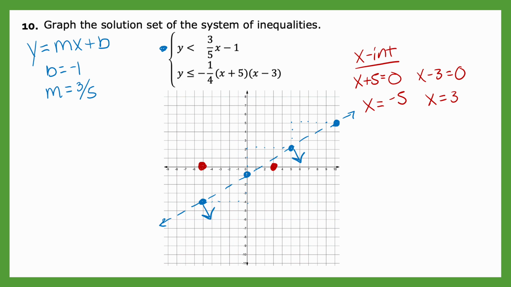Okay, what is halfway between -5 and 3? -1. If I add -5 plus 3 and divide that by 2, that would be -2/2, which is -1. So our axis of symmetry, which we show with a dashed line, would go through -1.